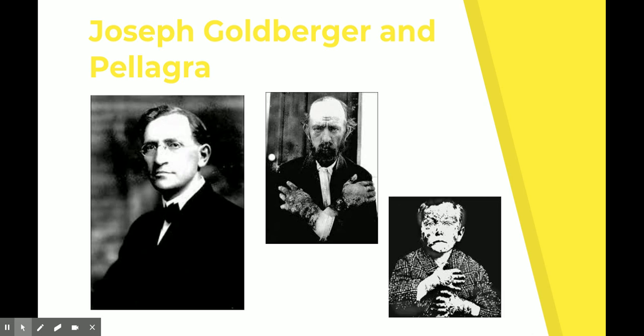And this is talk about being involved in your research. To prove he was right, Goldberger had himself injected with the blood of a pellagra patient. He also went a step further. He selected two patients, one with scaling sores, which you can see on the people in these images, and the other with diarrhea.